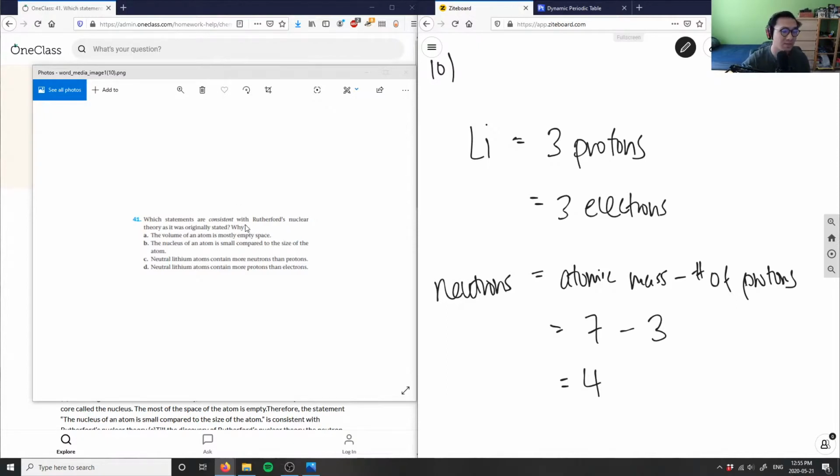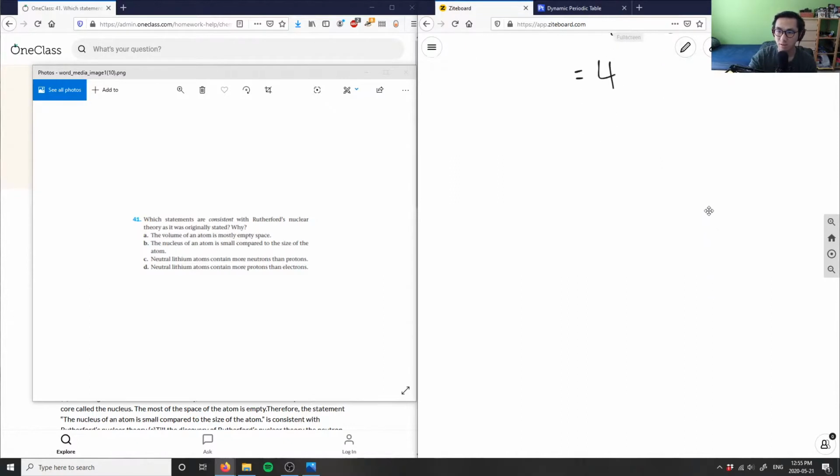Both these statements are true, but which one is actually consistent with Rutherford's nuclear theory as it was originally stated? So what we want to figure out is what Rutherford's nuclear theory is. This is kind of the gold foil experiment, if you're not familiar with that.